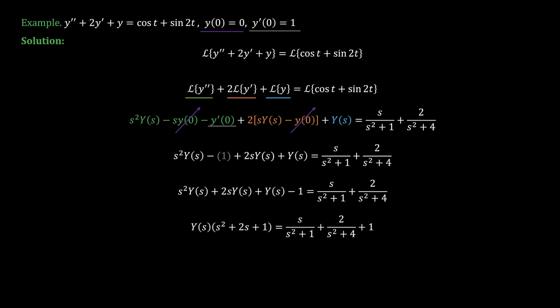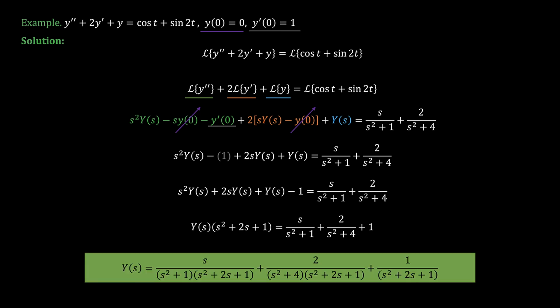And now the final step of this problem will just be dividing everything here by s squared plus 2s plus 1. And that's going to go ahead and bring me to my final result here of s over s squared plus 1 times s squared plus 2s plus 1, plus 2 over s squared plus 4 times s squared plus 2s plus 1, and so forth. The last term here would be 1 over s squared plus 2s plus 1.